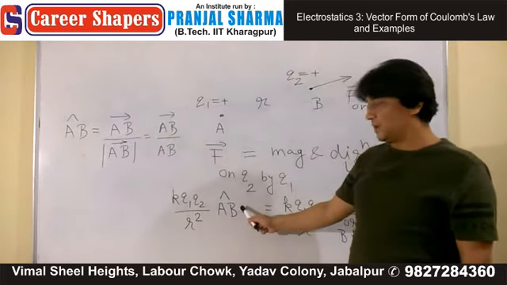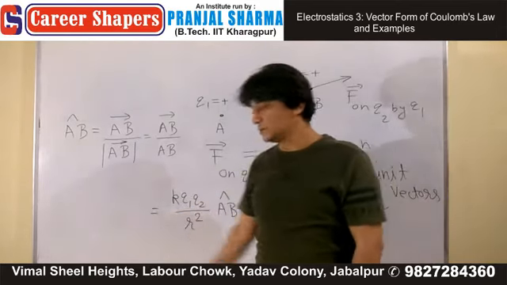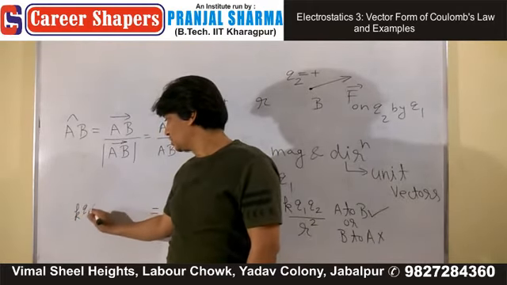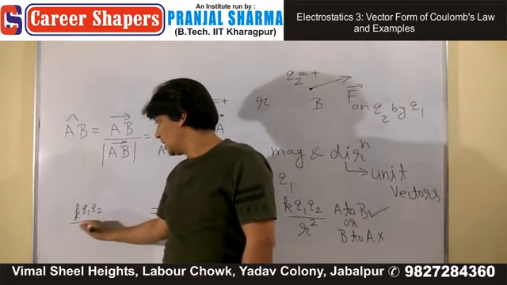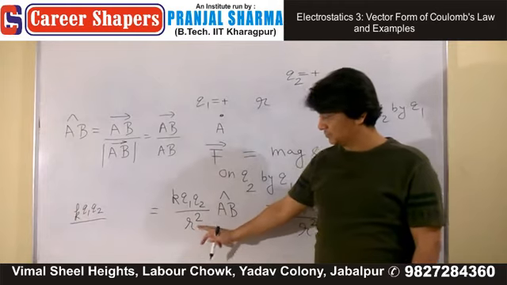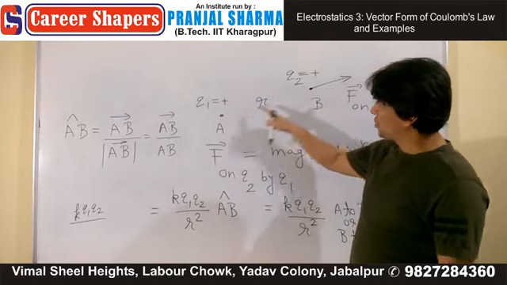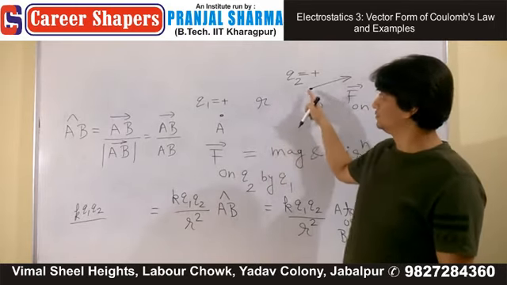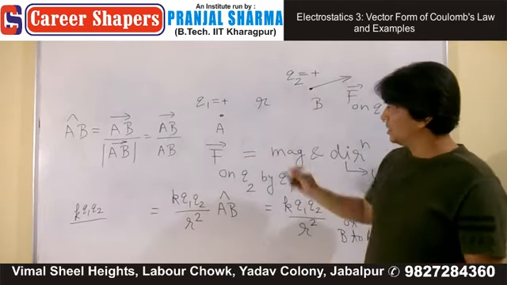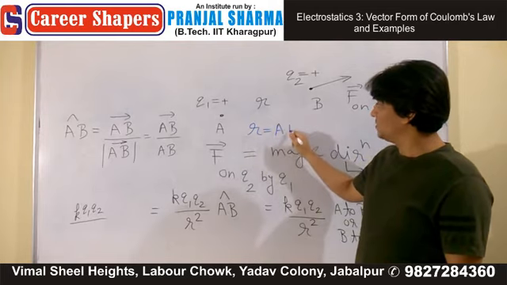Now, this AB cap, therefore, is this. K times Q1 Q2 upon, now before we proceed, look at this R. What is R? R means separation between A and B. That means I can simply say small r is AB.